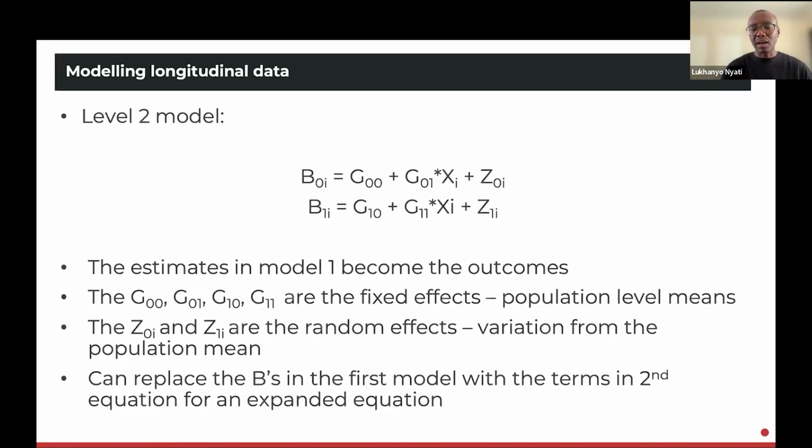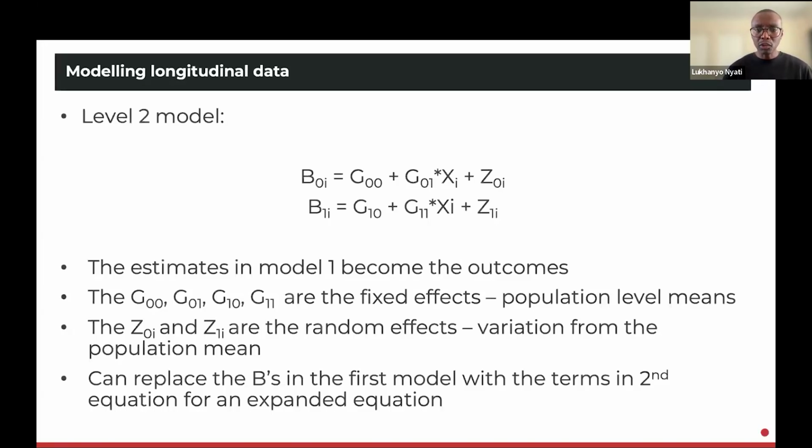Every child will have their own pattern over time. But we're also interested in understanding what is the average growth curve, or the average pattern over time, for this particular population. And that will help us to compare population 1 to population 2, for example.